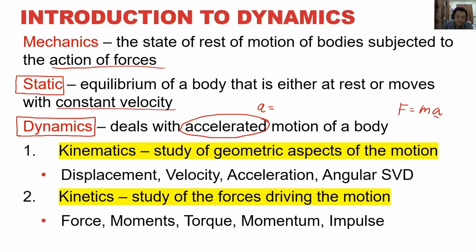Under dynamics, you have kinematics, which you have studied on the previous page. You only study the geometric aspect, geometry only. So you learn about displacement, which is in meters, velocity in meters per second, acceleration in meters per second squared, and also angular quantities: theta, theta dot, theta double dot, or theta, omega, and alpha.